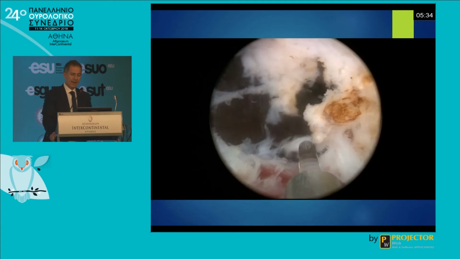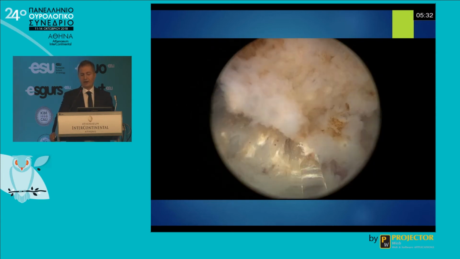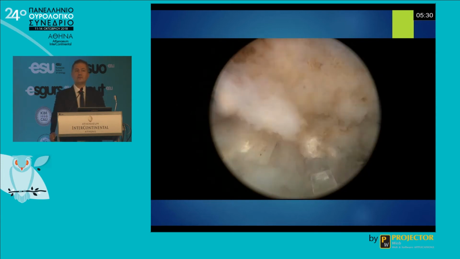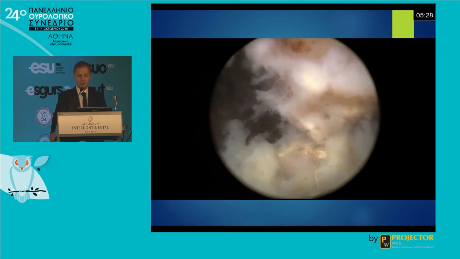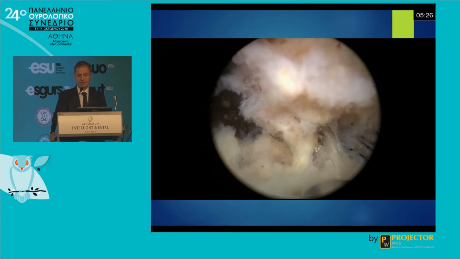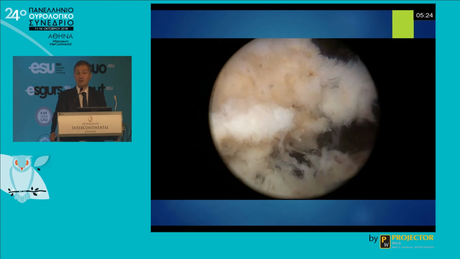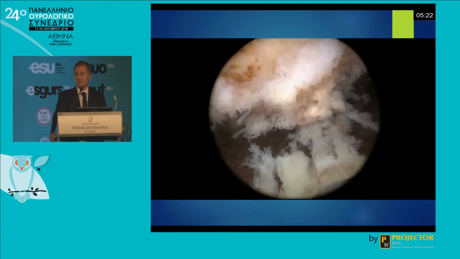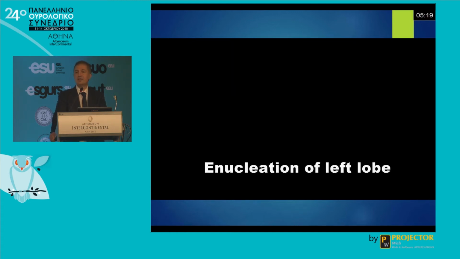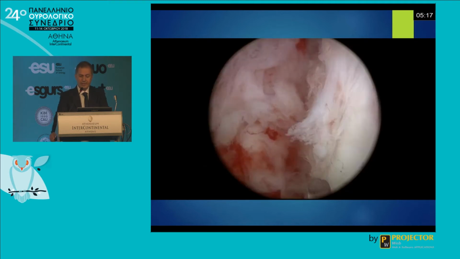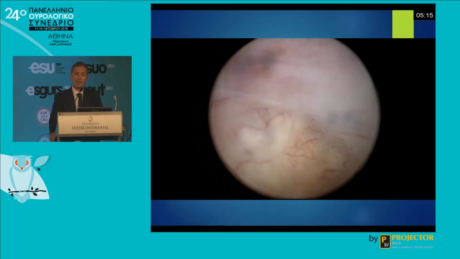At the bladder neck area, we are using cutting mode for the resection, for the incision of the tissue. But for the other parts, especially during the apical dissection, the apical incision of the prostate, I'm using lower energy mode.